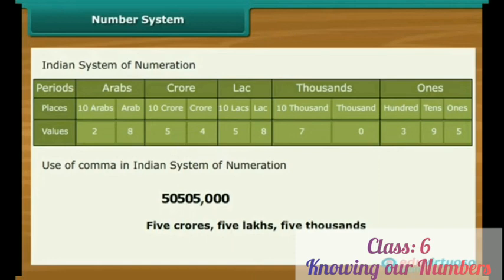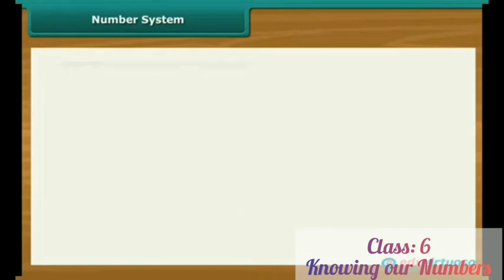The second comma comes 2 digits later, 5 digits from the right, after the ten thousands place. It marks lakhs. The third comma comes after another 2 digits, 7 digits from the right. It comes after 10 lakh.